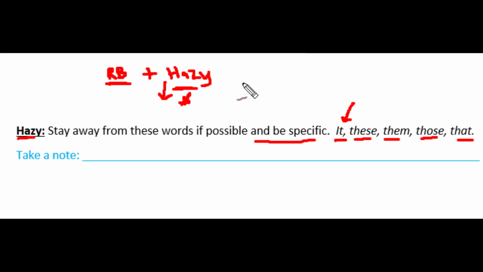Let me give you an example. If I say "Susie and Kim are running, she slipped on a rock." All right, so I've got Susie and I've got Kim, and then now I say she. So you see how the word she is really hazy.